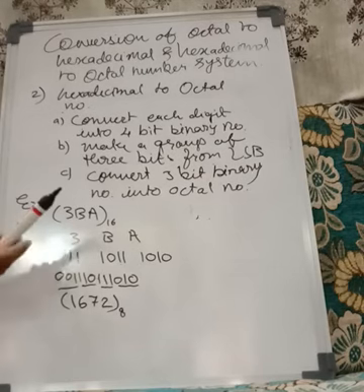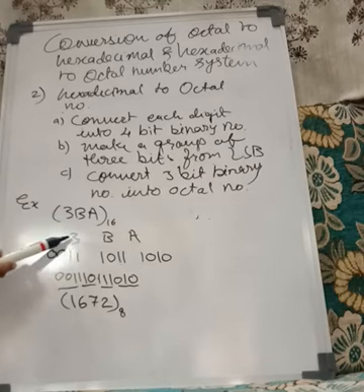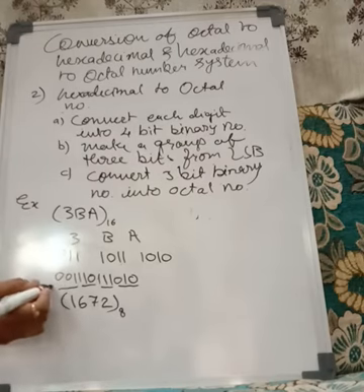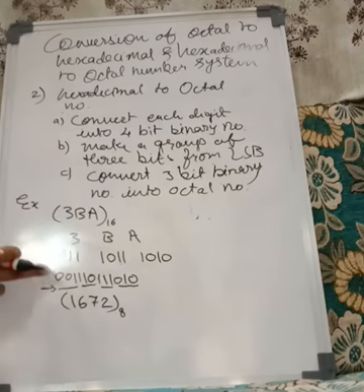What we have done is, we simply wrote the octal number and the hexadecimal number, and then we converted this hexadecimal number into 4-bit binary numbers. Then we combined this number and we made groups of 3 from the LSB, from this side.